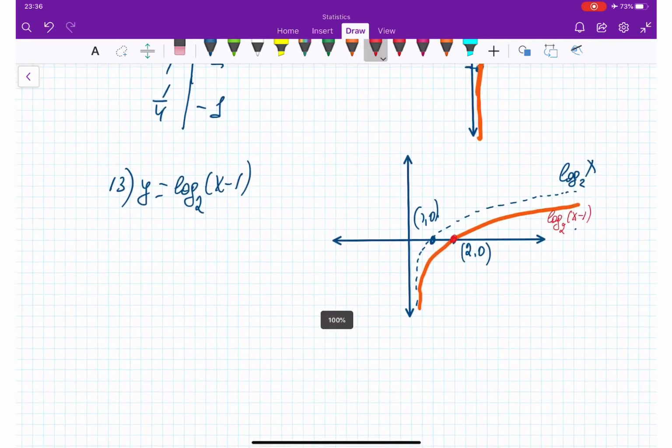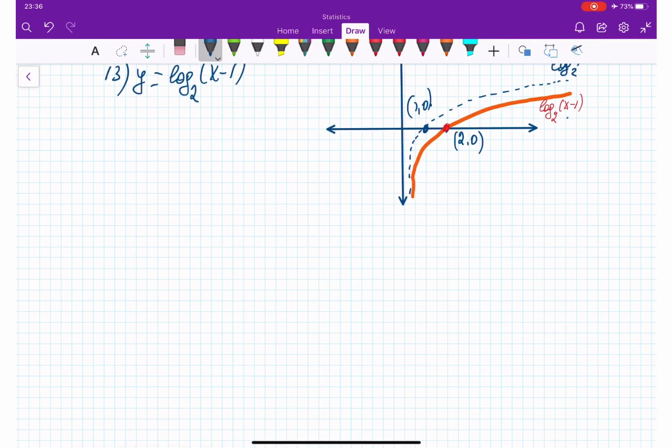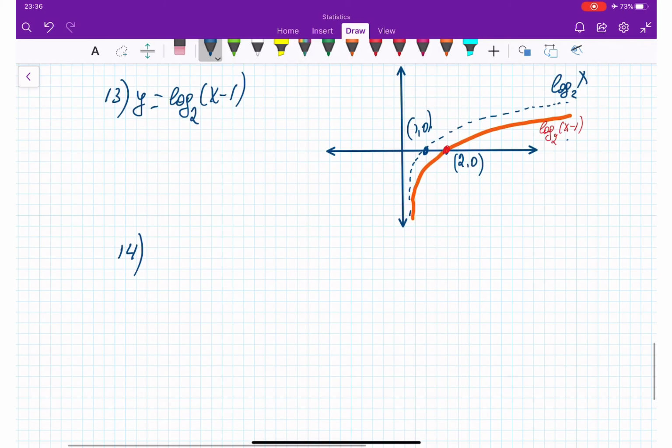Question number 14. We have f of x is equal to log of x minus 1, same graph, but by base 3. By base 3.